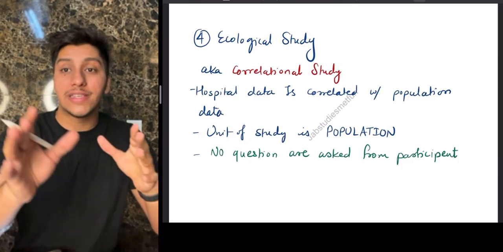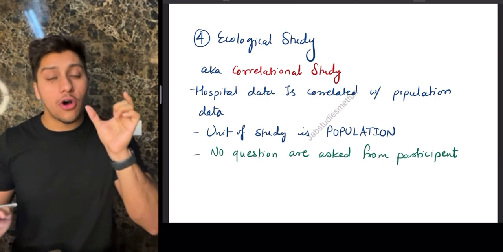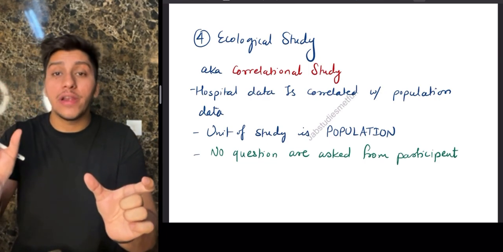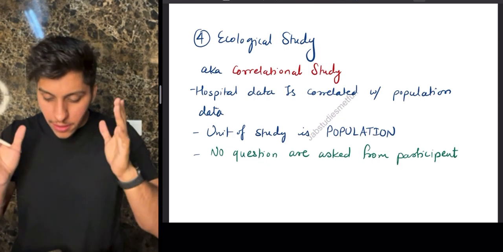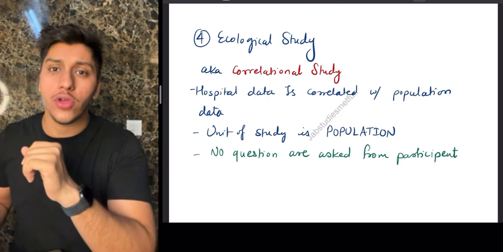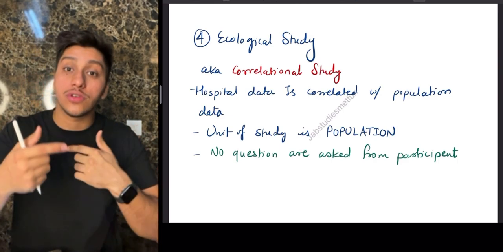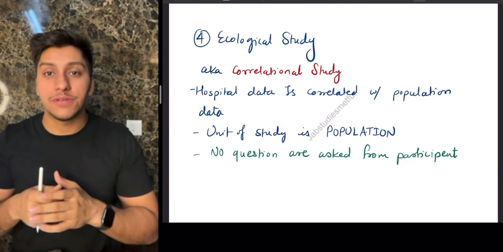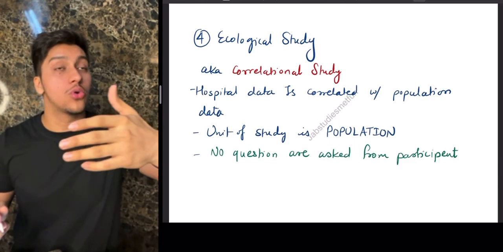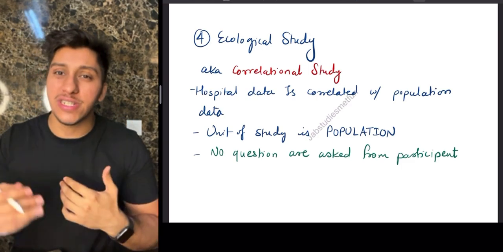So for example, ecological study means you have to correlate hospital data with the population data. I'll give you an example. Just imagine the COVID times, when we were having quarantine because the COVID-19 virus was communicable, with person-to-person transmission. So you would not ask people to go outside, but at that time, because of elections, people started having rallies.